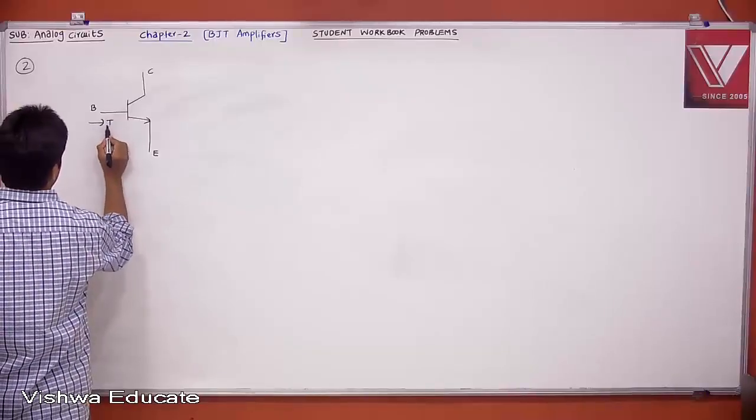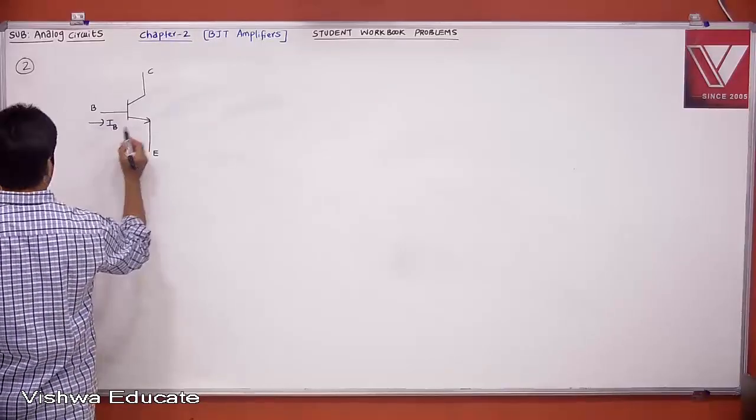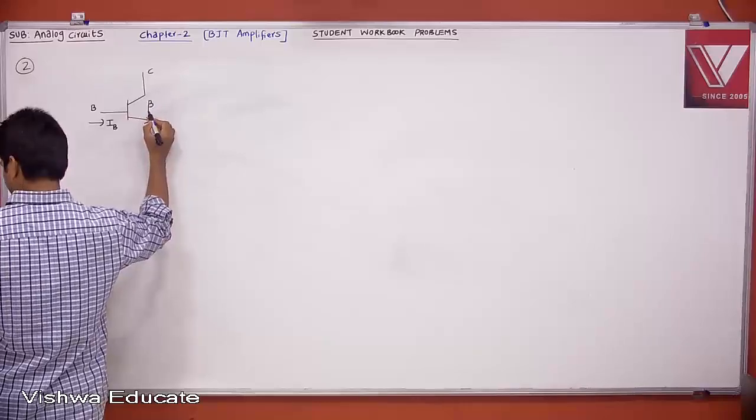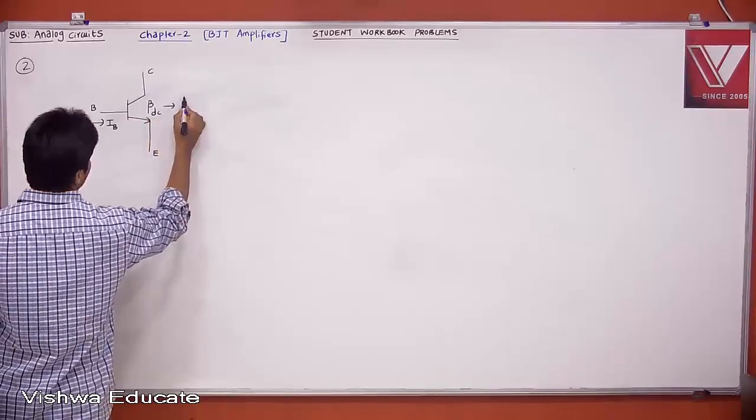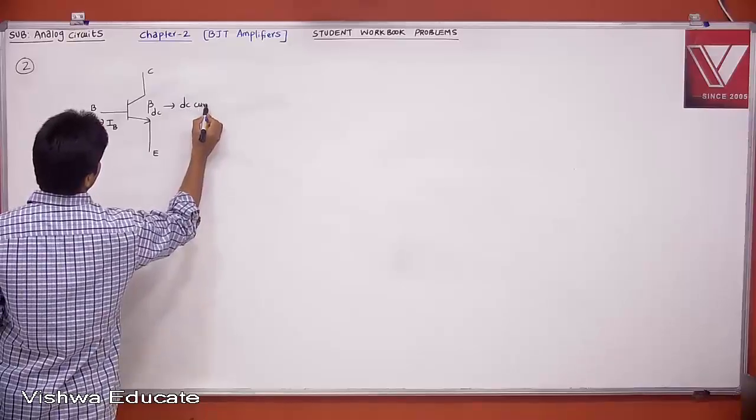This is base current, and this has beta DC, which is nothing but DC current gain.